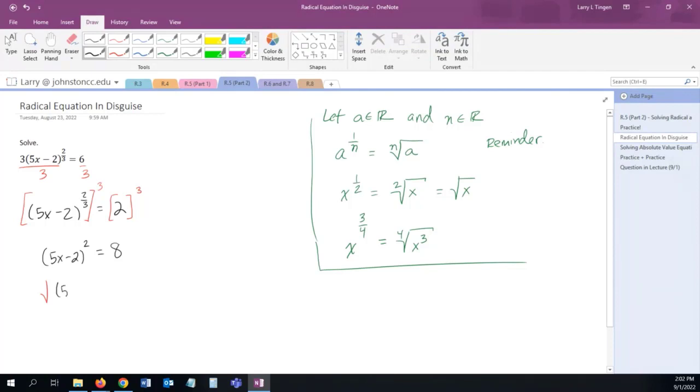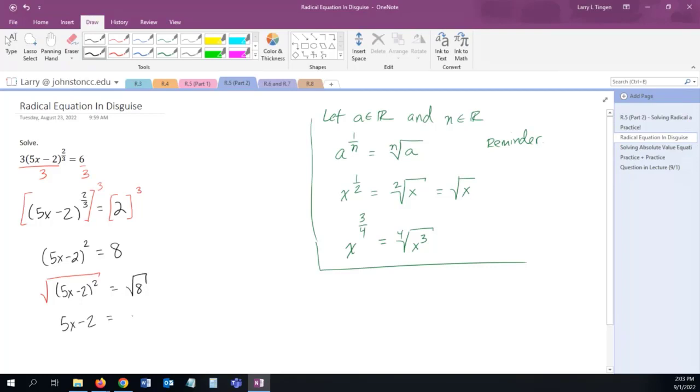That means I'm looking at the square root of 5x minus 2 squared is equal to the square root of 8. If you think about it, that's the same thing as raising it to the 1/2 power, isn't it? And 2 times 1/2 leaves me the power of 1, which is why I end up with 5x minus 2.